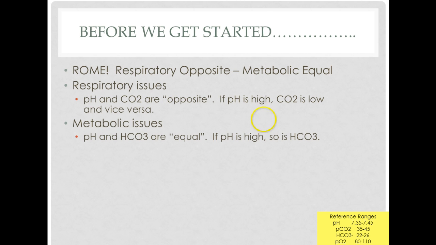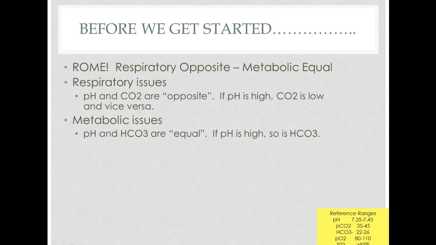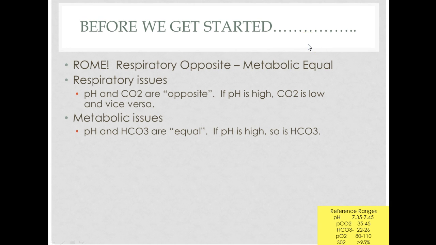All right, so before we get started, I want you to be familiar with ROME. With ROME, you need to remember: respiratory opposite, metabolic equal. If somebody has a respiratory issue, their pH and their CO2 would be opposite. I'm going to give you an example in a little while.